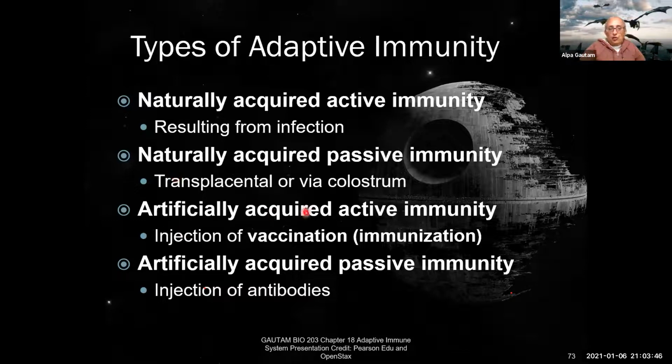Then you have artificially acquired active immunity. This is vaccination. What's the difference between artificially acquired active and passive immunity? Artificially acquired active immunity is where you're activating the immune system.